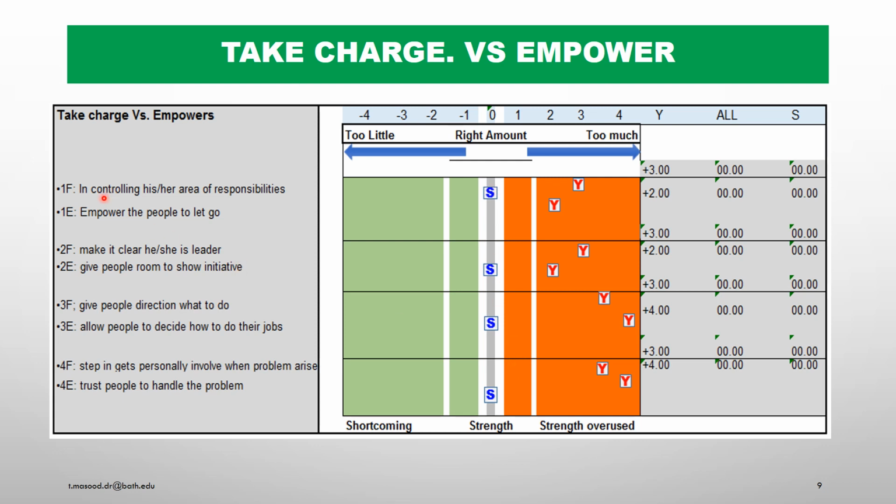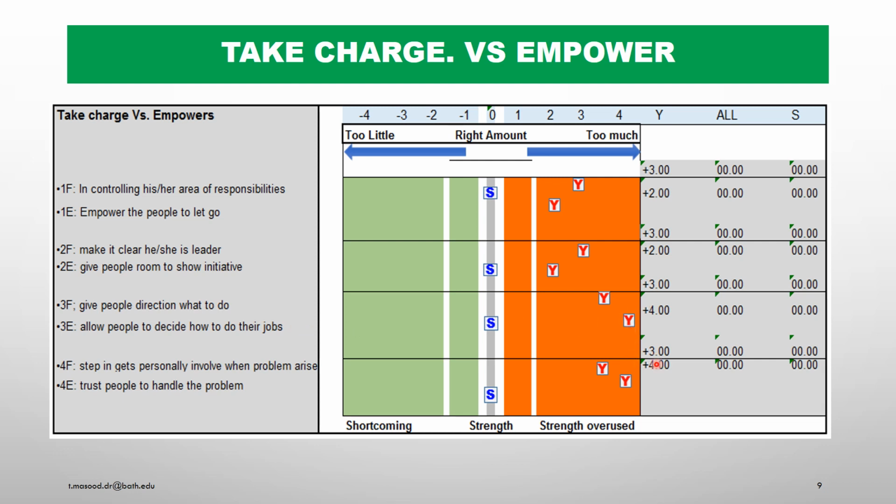In the first scenario here, 1F and 1E, both demonstrate a range from positive 3 to positive 2, so I overused my strength in this area. Similarly in the second scenario, 2F and 2E, I used my strength at plus 3 and plus 2. In the third, plus 3 and plus 4, and in the last, plus 3 and plus 4.